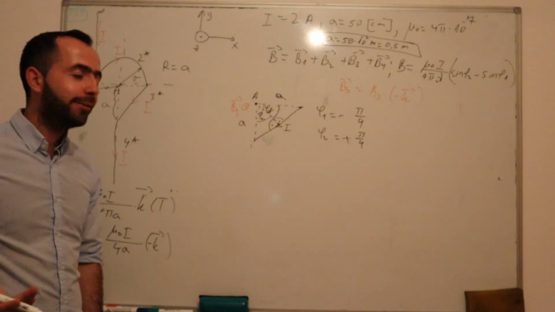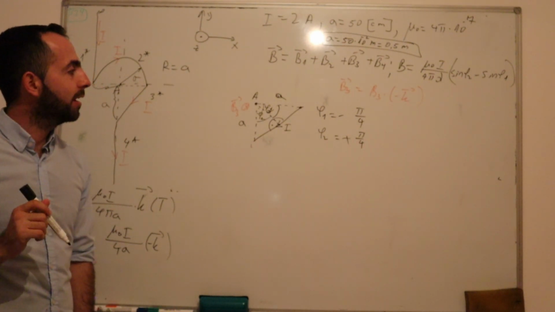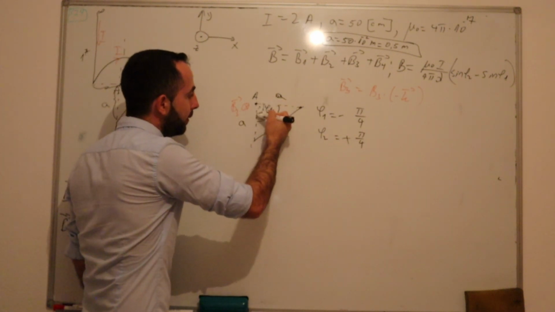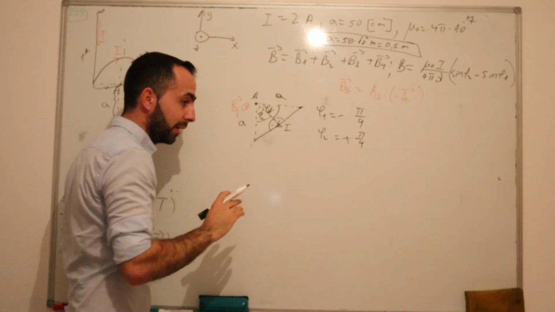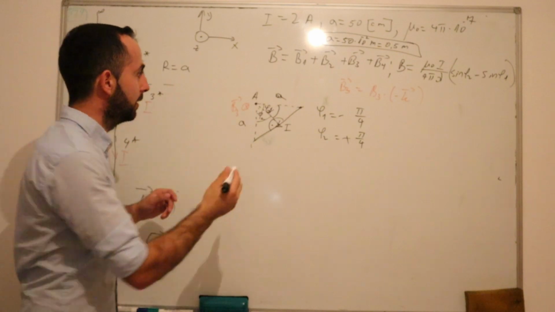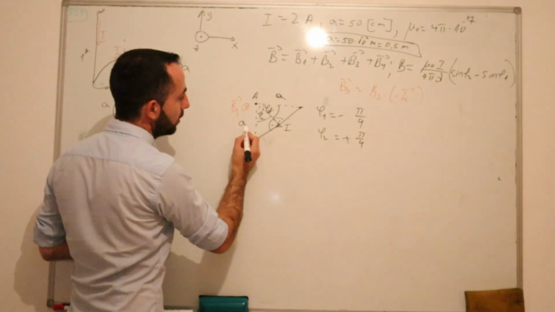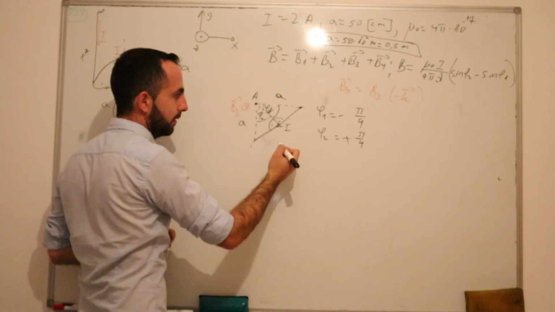There are so many ways, but I will use trigonometry. Why? I have this angle. I have the hypotenuse. So I'm looking for a 90-degree triangle. I have it here. This is a 90-degree triangle where A is the hypotenuse and D, my distance, is a cathode.